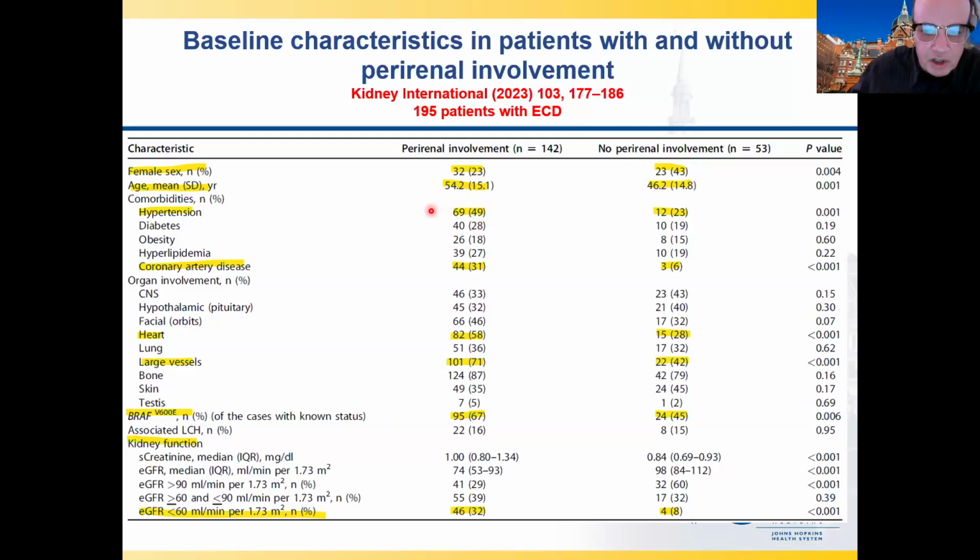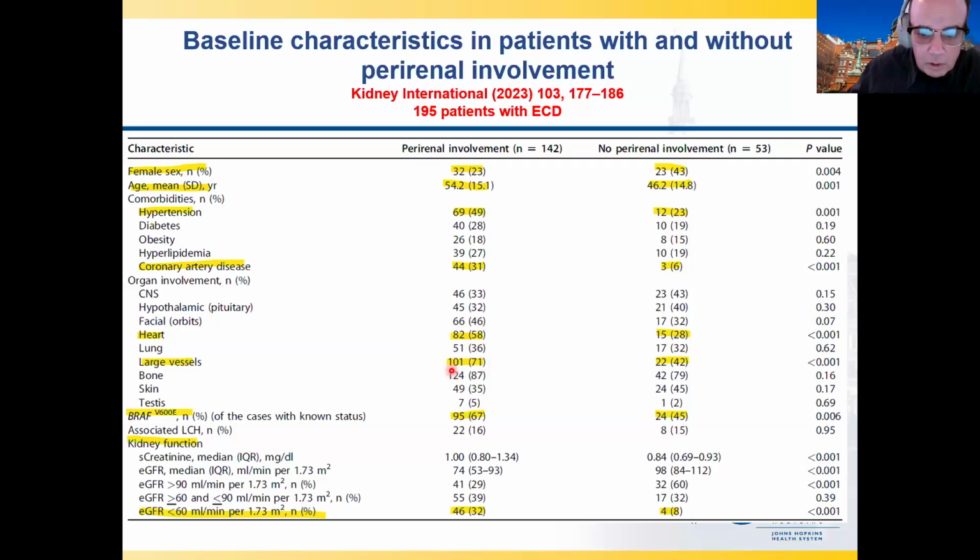They have hypertension, 49% versus 23%. They have coronary artery disease, 31% versus 6%. So it tells you that they are older, they are sicker. There is involvement of the heart in the majority of patients, 58 versus 28%, by Erdheim-Chester.